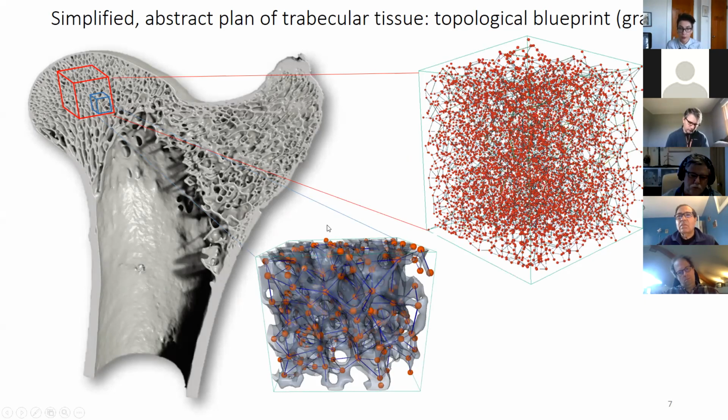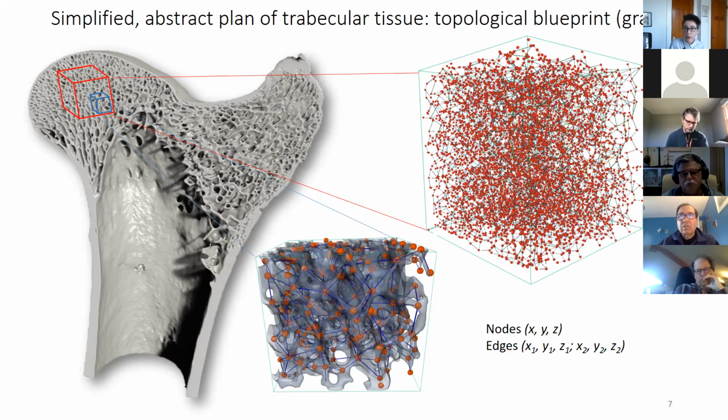We will have a node. So depending on how large is the specimen that we're interested in studying, we will produce a certain population of nodes that are connected at edges. It's a very abstract mathematical presentation of the network, and every node has 3 coordinates in space, which are unique. And every edge would have also 2 sets of coordinates of its origin and the terminus.